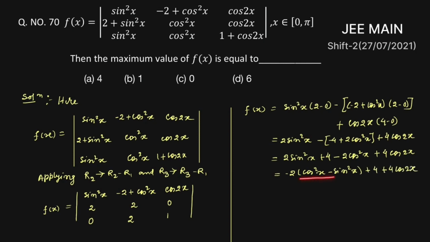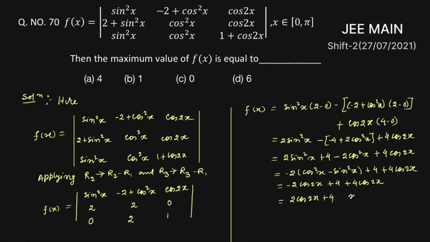So we know that cos square x minus sin square x is equal to cos 2x. Then this is equal to minus 2 cos 2x plus 4 cos 2x, which is equal to 2 cos 2x plus 4.